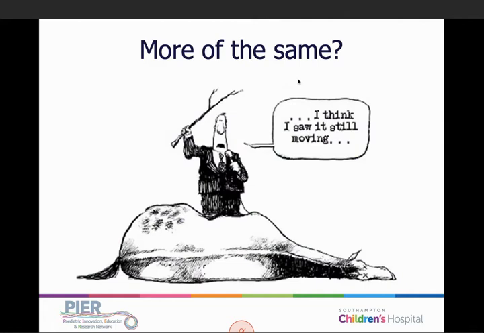And simply giving more of the same in more and more doses could be thought of as being akin to flogging a dead horse. And as you know, flogging a dead horse isn't going to get you very much further forward. And perhaps that's not the best approach. And we need to think more laterally about other ways in which we can address this kind of a problem.